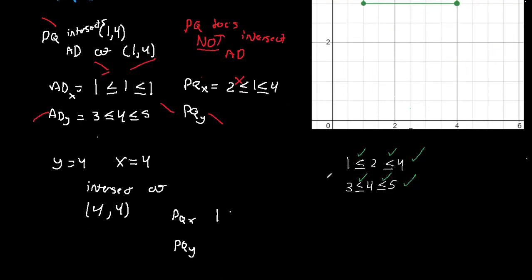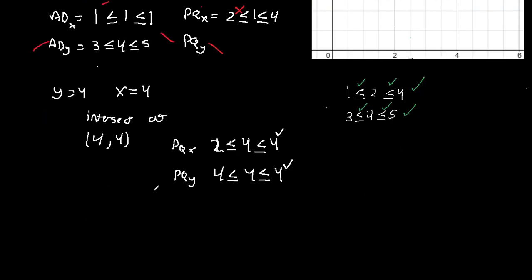So for the x value, we have is 2 less than or equal to 4, less than or equal to 4, check. For the y, is 4 less than or equal to 4, less than or equal to 4, check.